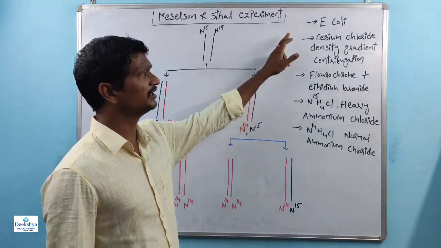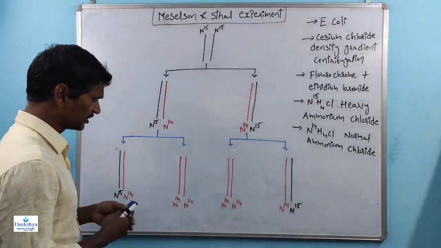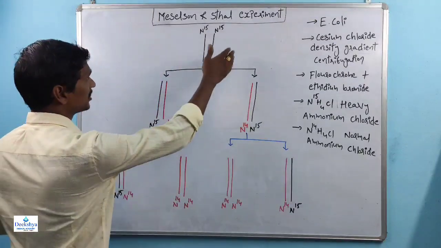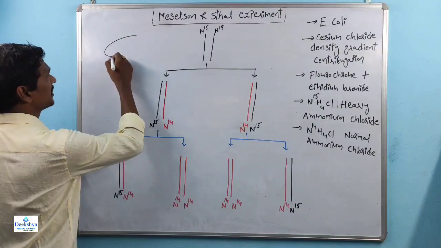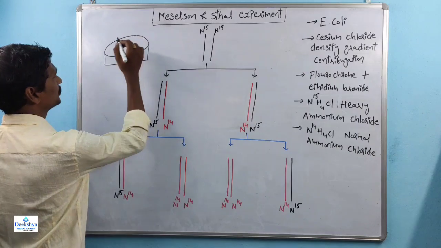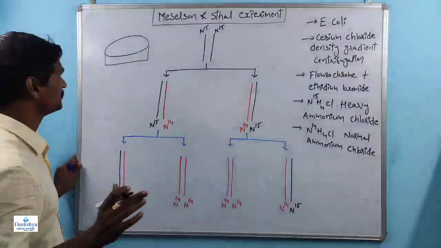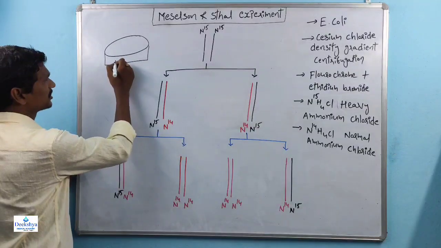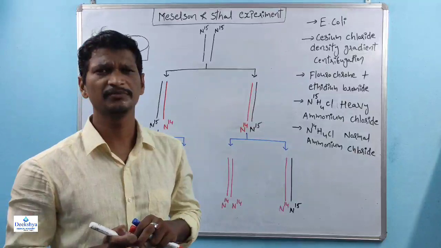This experiment was done in E. coli cells. Suppose the very first parental bacterial cell culture is there. Up to many generations, the bacterial cells are grown in N15 media.